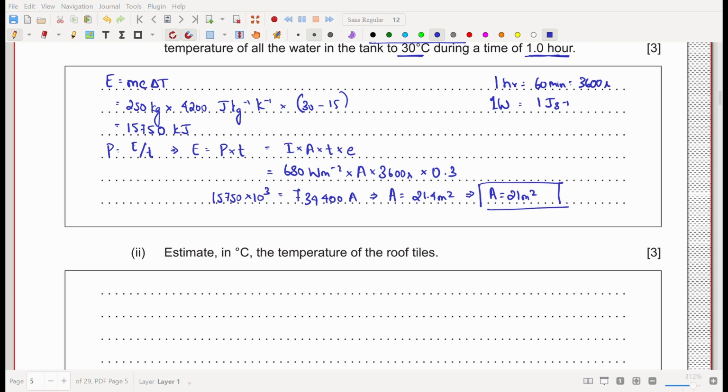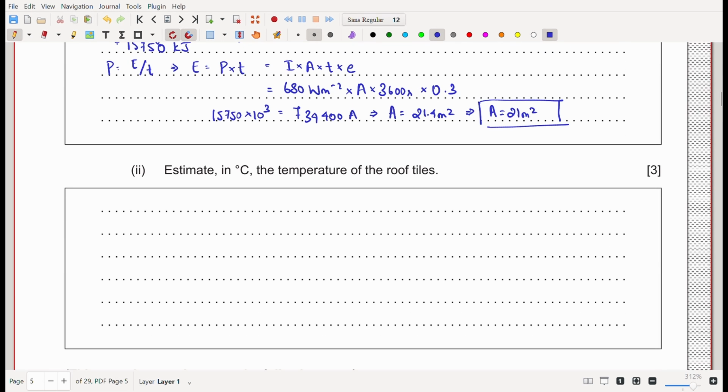Now let's go ahead to part 2, in which we are estimating the temperature of the tiles. So here you need to remember that albedo is equal to the reflected energy by the incident energy. So that means that the absorbed energy can be written as 1 minus alpha times input.